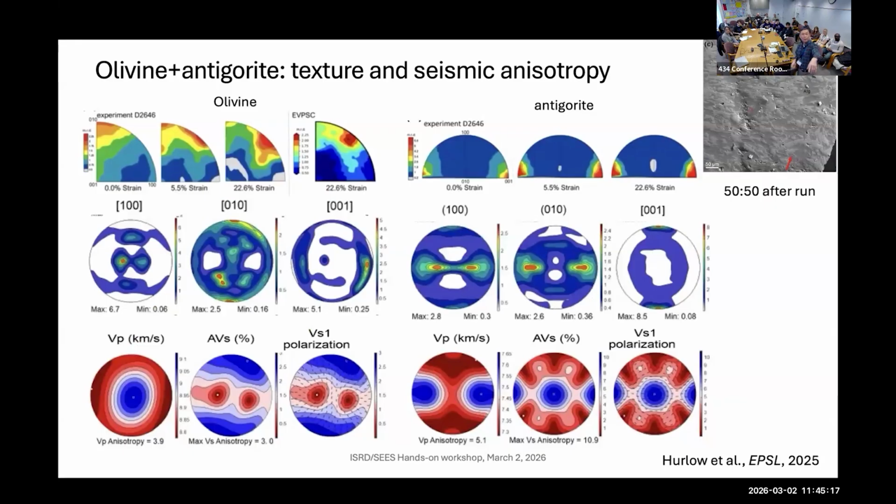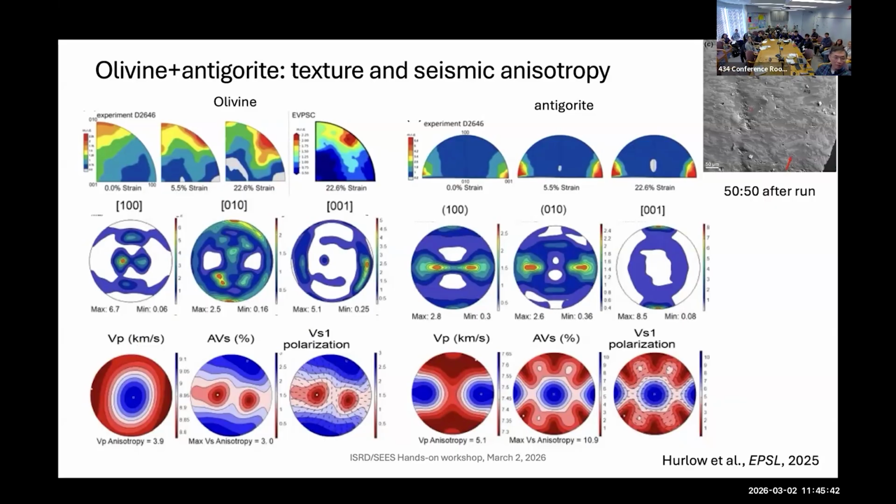A recent example would be the mixture of olivine and antigorite. Here is Jin Zhang's group from New Mexico, now at Texas A&M, looking at subduction zone materials, the mixture of olivine and antigorite. This shows the example of a 50-50 mixture during deformation.